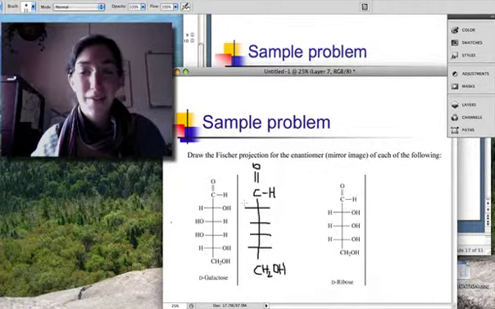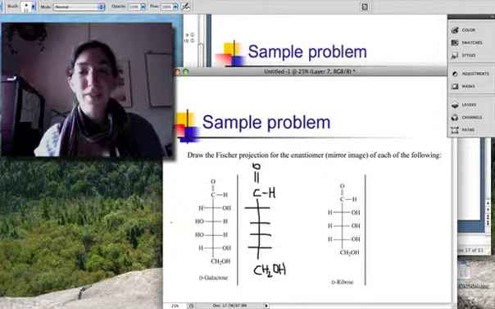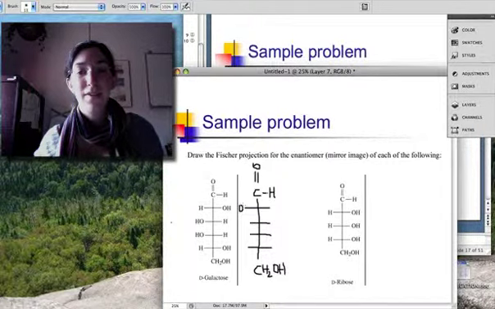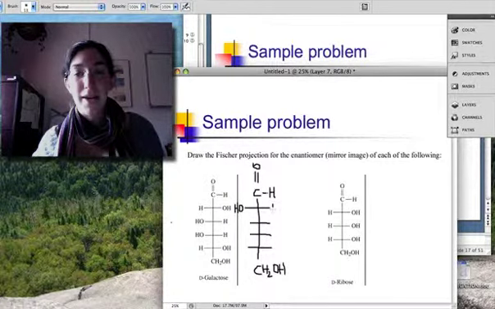Okay, so we're going to do the mirror image. So in this first carbon, H is on the left, OH is on the right. We're going to flip it. We're going to put OH on the left, and now H is on the right. All right, this one, flipping them around. So now H is on the left instead of on the right, and OH is over here, and so on and so forth.